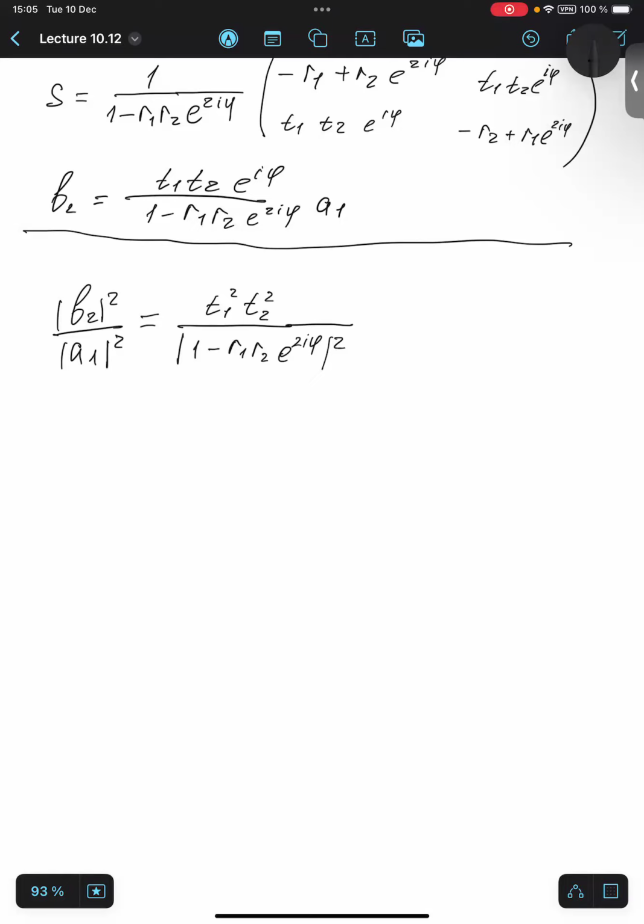Yes, something like this. Let us now, for simplicity, consider the case when r1 equals r2 and equals r.